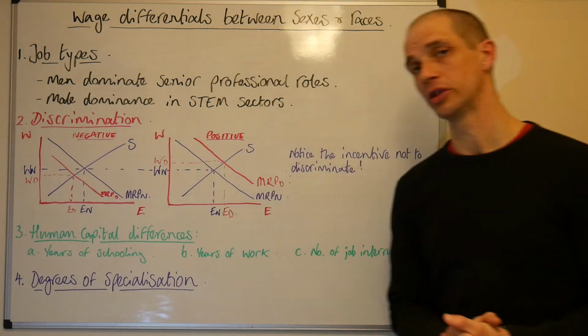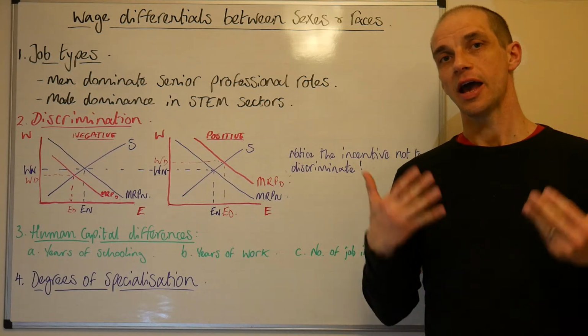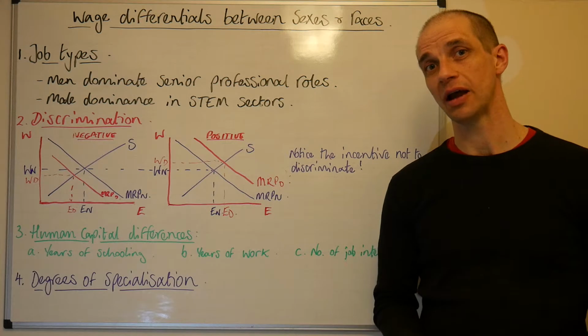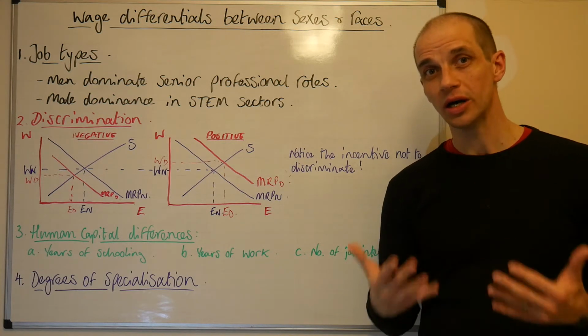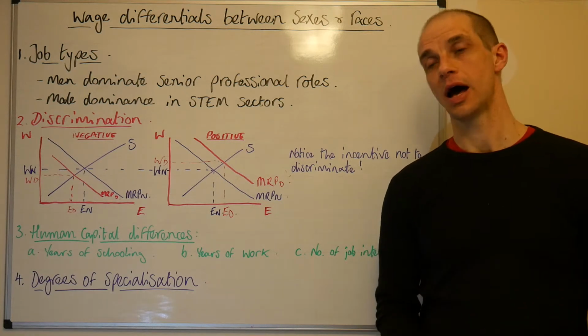Okay, final point that I've noted here is really about degrees of specialization. Everybody has a finite number of hours available to them, and really it's about choosing how you wish to allocate your hours.